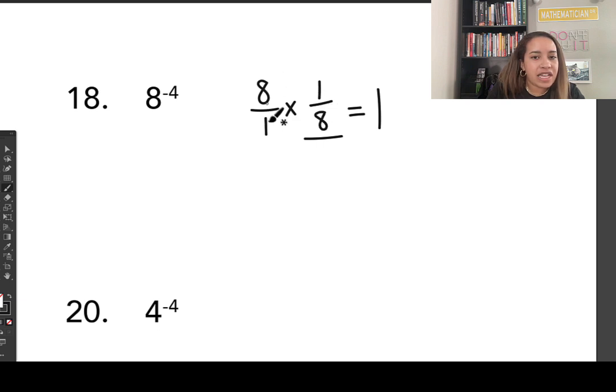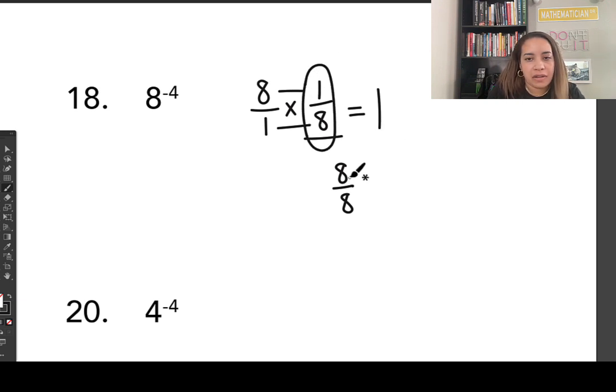Your reciprocal is just like flipping this fraction upside down. We're flipping the numbers over. I see that 8 times 1 is 8, and 1 times 8 is 8. So when we multiply those together, we get 8 over 8, which is the same as 1. So our reciprocal was 1/8.